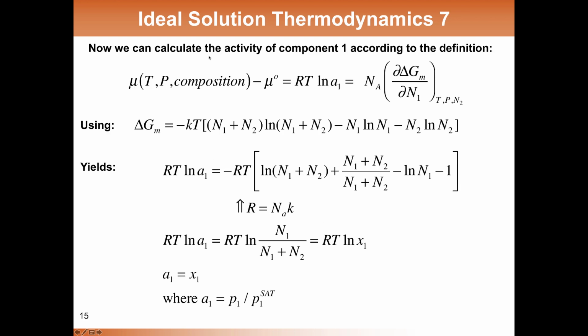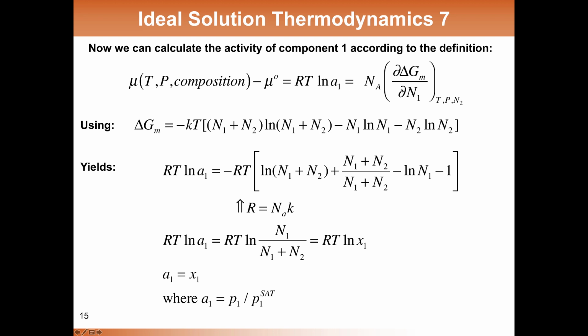We can use this expression for the free energy now to calculate the chemical potential or thermodynamic activity of component 1. And the definition of the chemical potential of component 1 at a given temperature, pressure, and composition relative to its reference chemical potential is just RT times the logarithm of the thermodynamic activity of component 1.